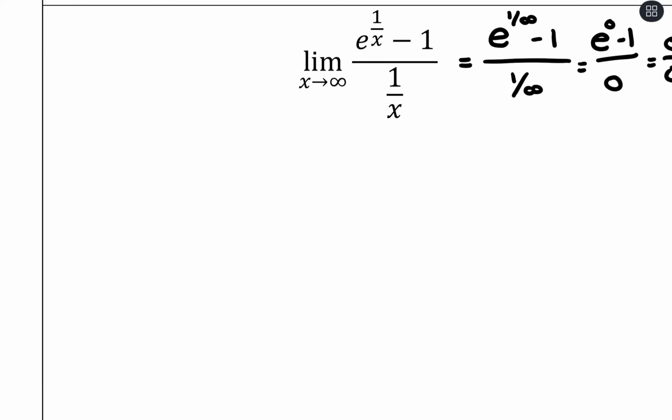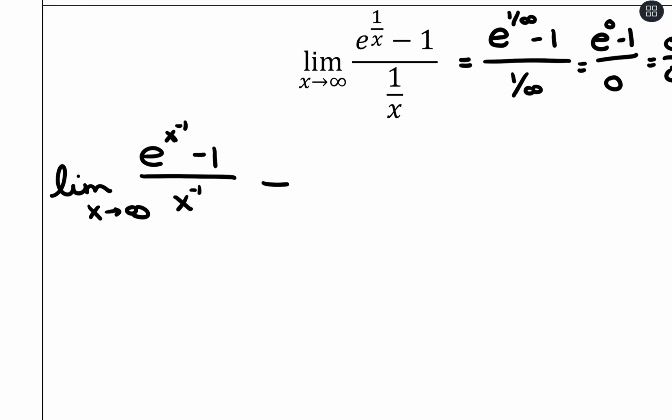And what we're going to have here is the limit as x approaches infinity of e to the 1 over x minus 1 over 1 over x. And actually, I'm going to rewrite this as x to the negative 1 and x to the negative 1 down here, just for the sake of taking derivatives.